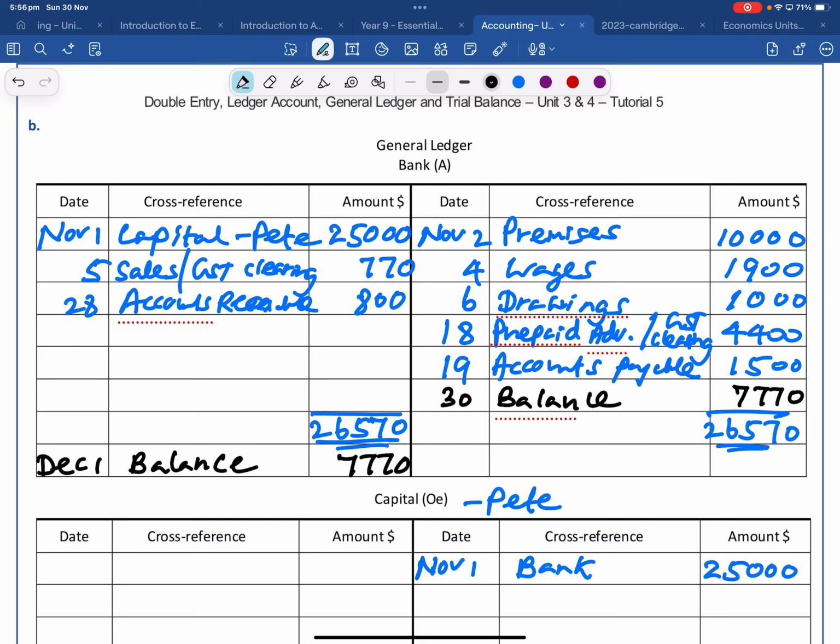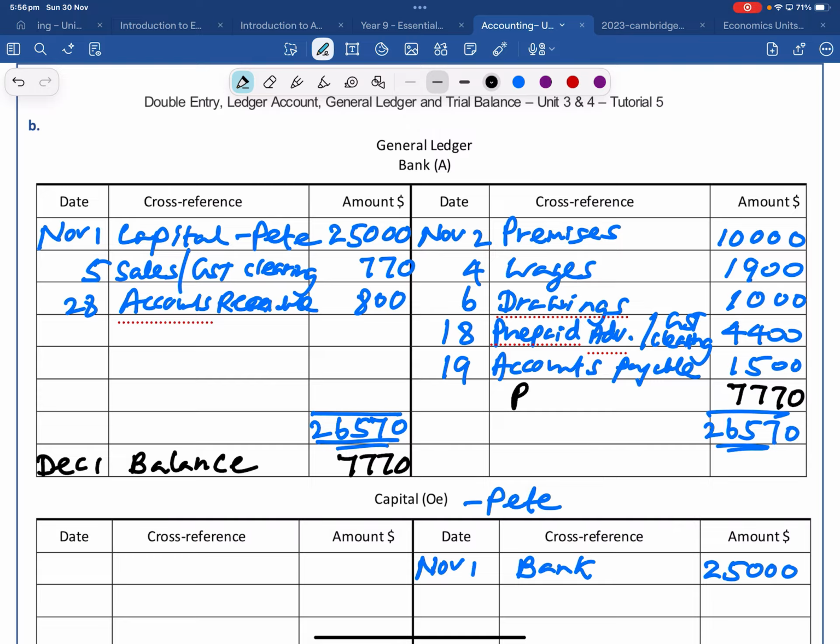Yeah, so basically what I did was, for example, if I do it again, I figured out the debit side is higher, so then I repeated it on the other side as well. So then by how much is it missing the lower total? 7,770, right?